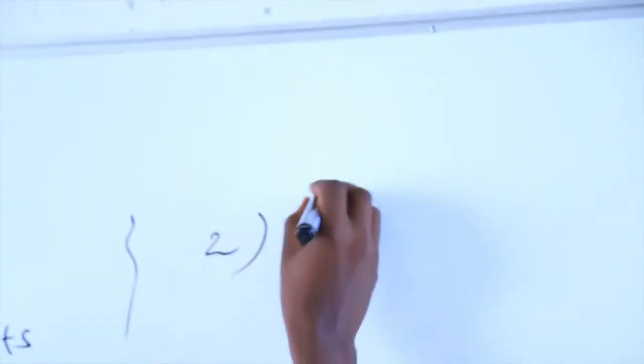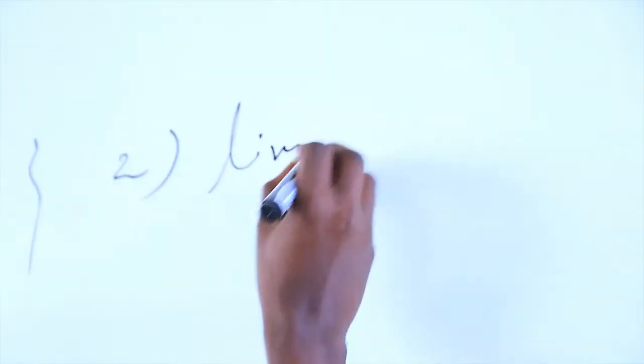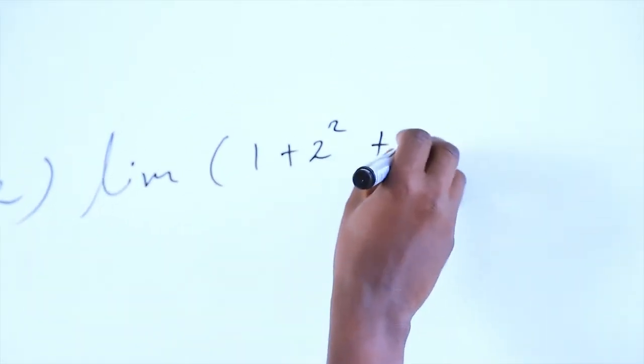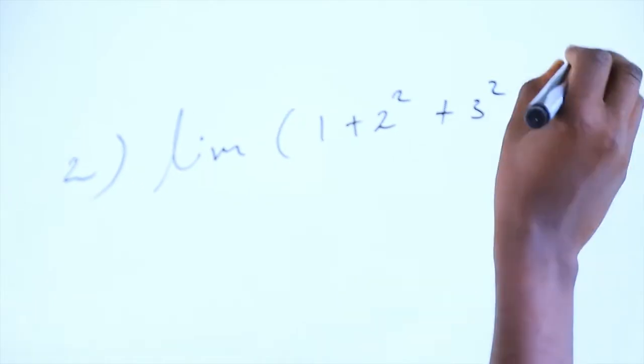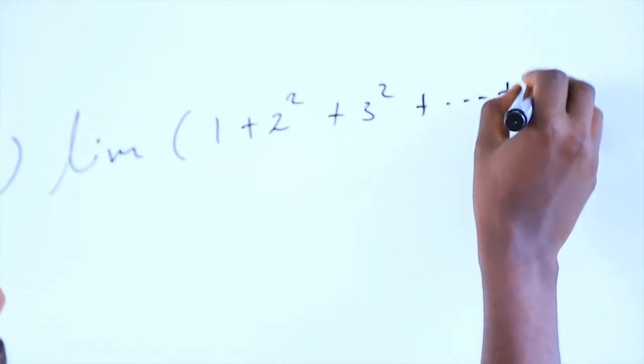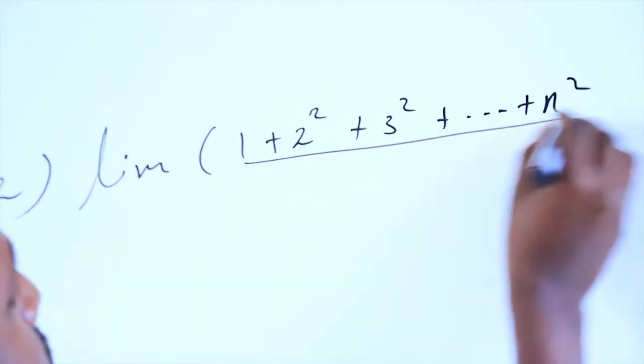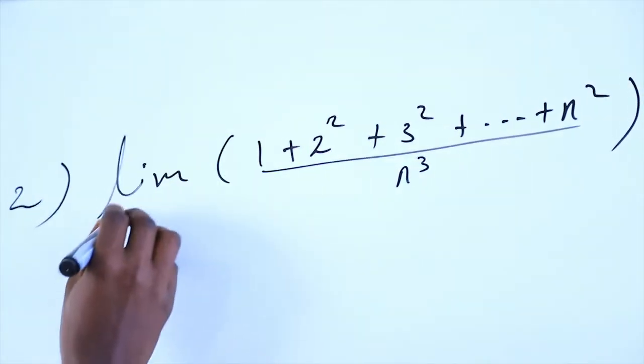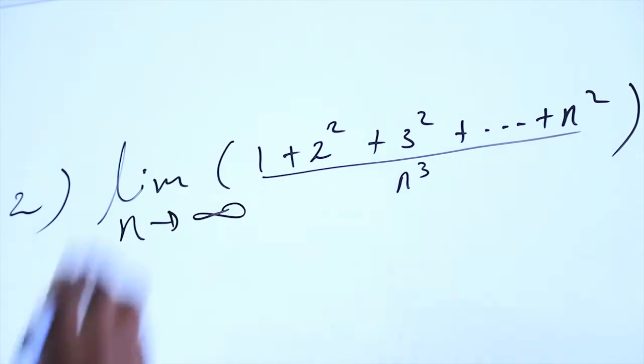What will be the limit? Which means the limit of 1 plus 2 squared plus 3 squared plus ... plus n squared over n to the power of 3 as n tends to infinity.